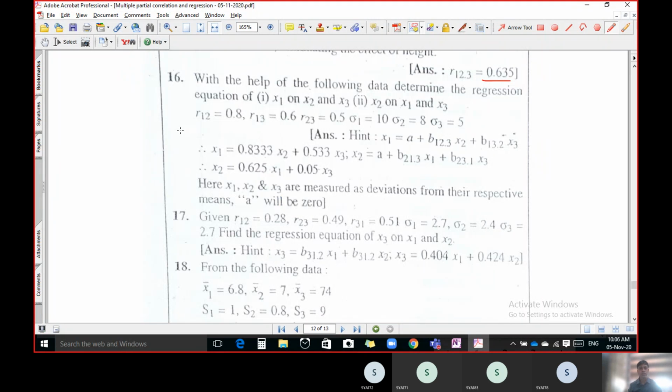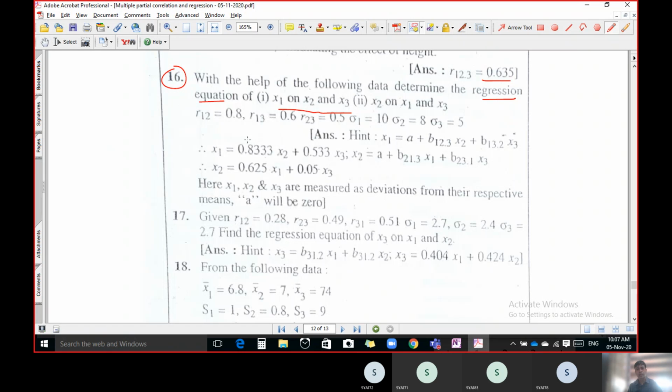Now see question number 16. With the help of the following data, determine the regression equation of x1 on x2 and x3, and x2 on x1 and x3. So we have to find out the regression equation of x1 on x2 and x3.